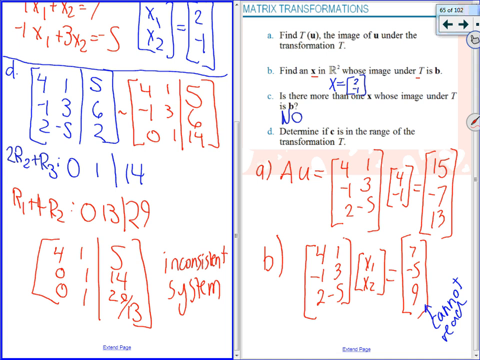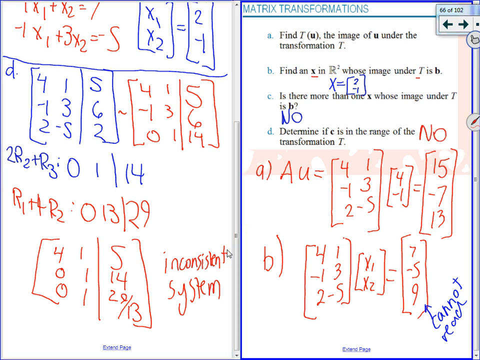So therefore, no. Because you'll have 0, 0, non-zero quantity. Or you could have gone out of the matrix, solved for R2, and then R2 would have been 14 and R2 would have been 29 thirteenths. Questions on that?